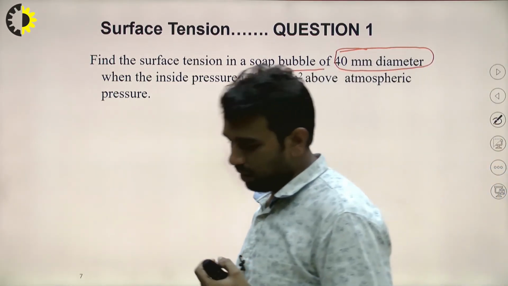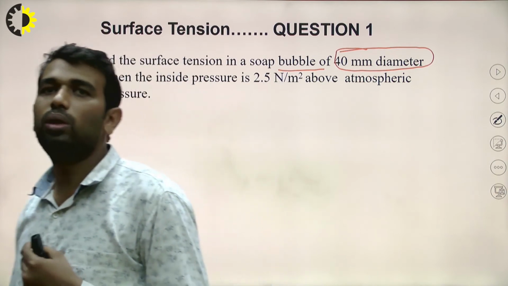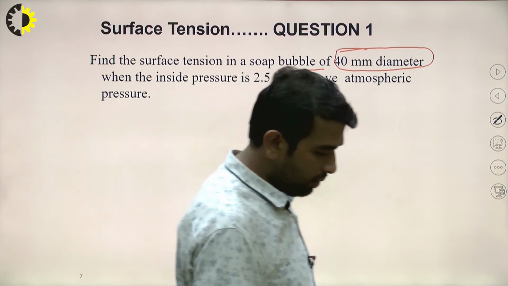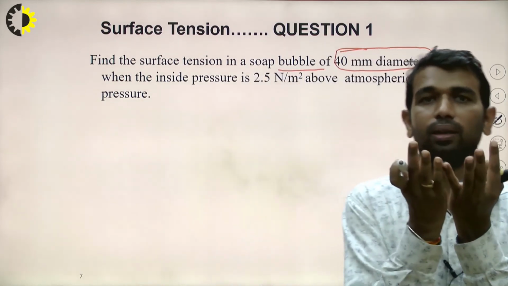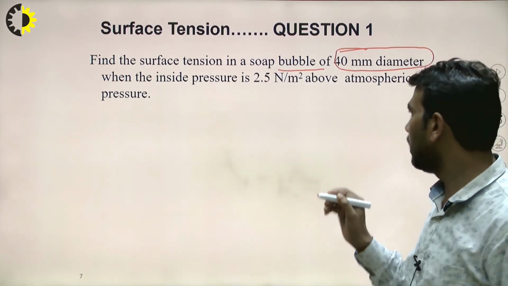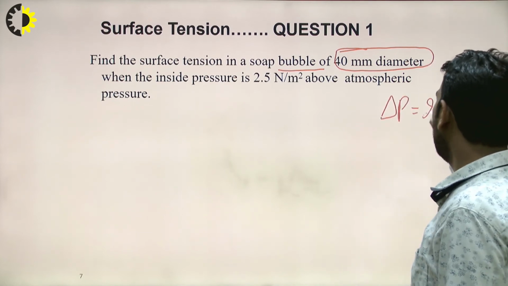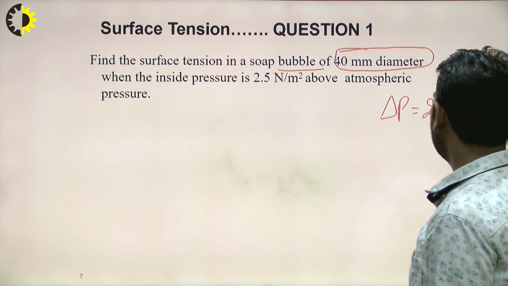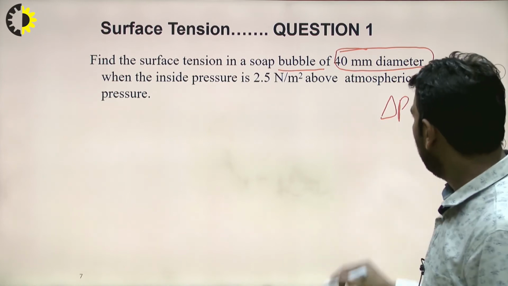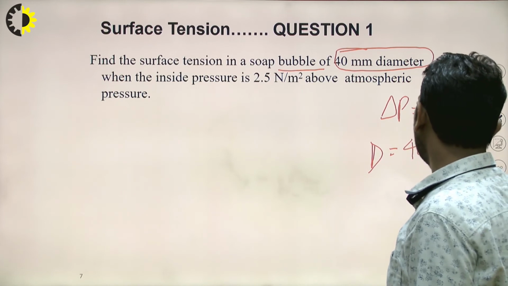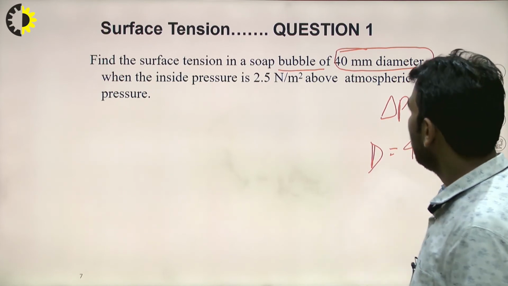When the inside pressure is 2.5 Newton per meter square above the atmospheric pressure, it means this bubble is surviving in the environment. The difference in pressure, delta P, is given as 2.5 Newton per meter square, and the diameter is 40 into 10 to the power minus 3 meter.